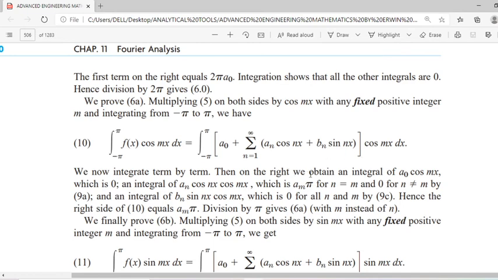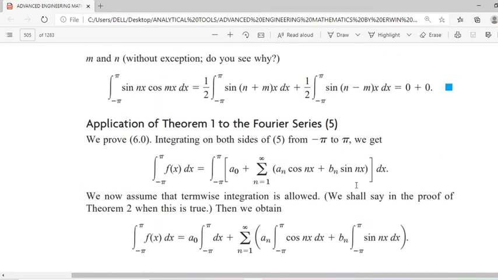On the right we obtain, as the first term, a0 into cos mx. So a0 can be taken outside, and the integral of cos mx is 0. The second term is an into cos nx cos mx, and as I have told you already in the previous part, if n equals m, that is pi.